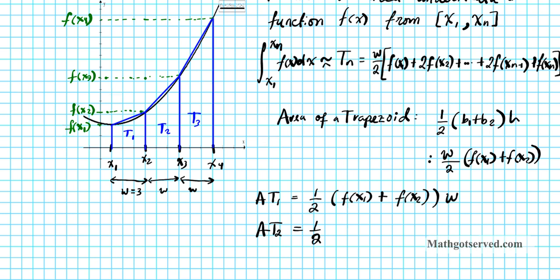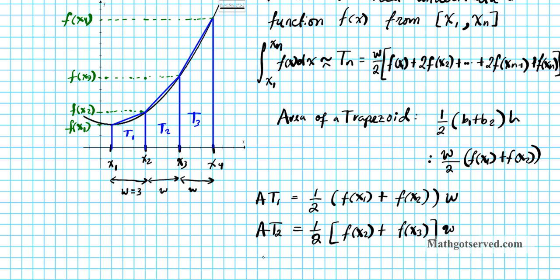It's 1/2 times, what is base 1 for trapezoid 2? It's the same thing as base 2 for trapezoid 1, which is f of x2, plus the second base for trapezoid 2 is f of x3, and the height is w, same as f of x1.